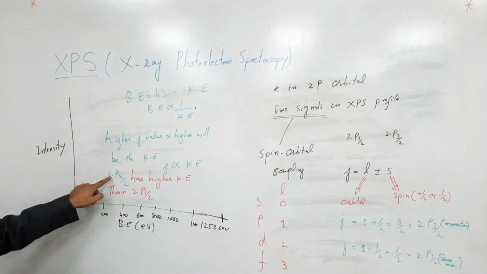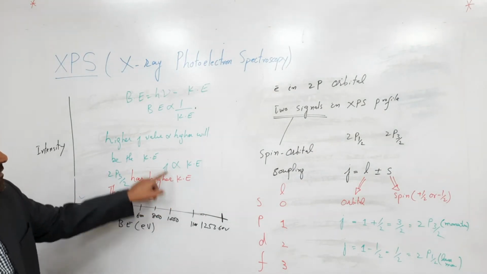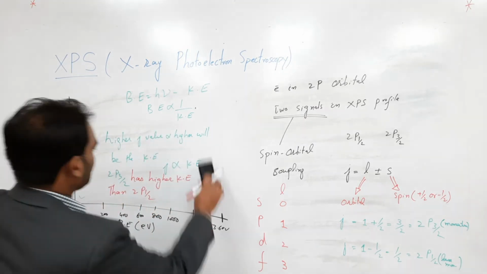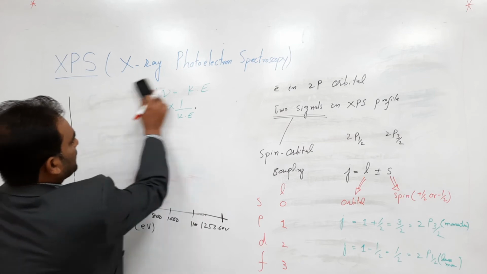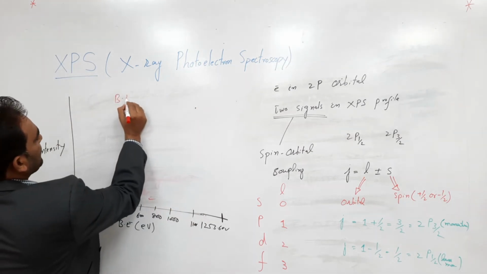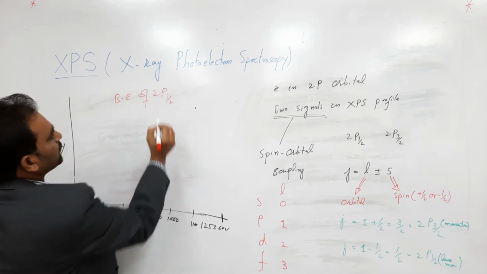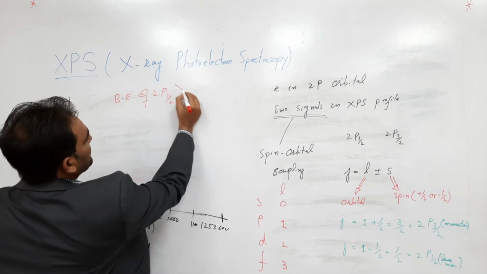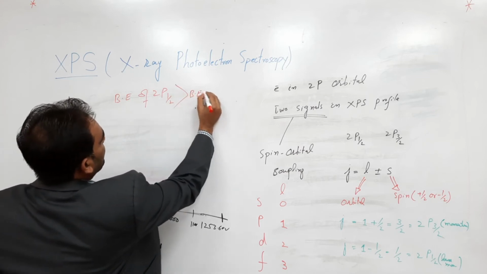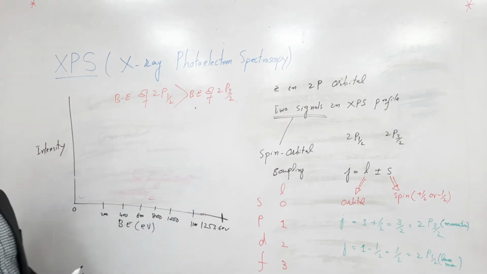If 2p 3 by 2 has higher kinetic energy, then its binding energy will be lower. So according to this equation, the binding energy of 2p 1 by 2 is higher than the binding energy of 2p 3 by 2.